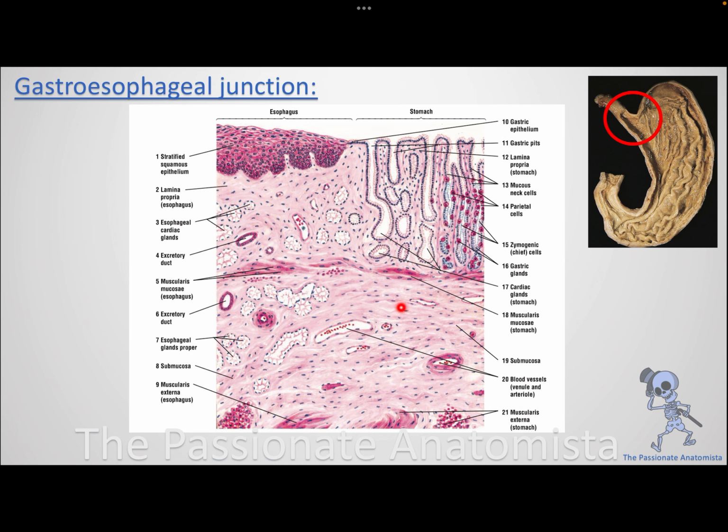If you look at a picture and you see a change in the epithelium from stratified squamous, with those submucosal glands that you only have in the esophagus and duodenum, to a simple columnar epithelium, you are definitely 100% sure that this is an area of the gastroesophageal junction.